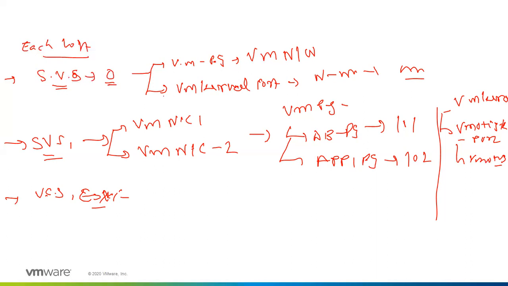All right. Are we all good? Do we understand what we need to do in the lab? We are going to create one standard virtual switch, map it with 2 physical NICs, because VMNIC 0 is by default mapped here.